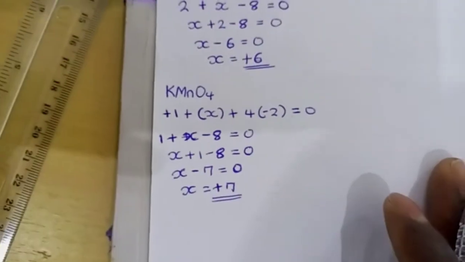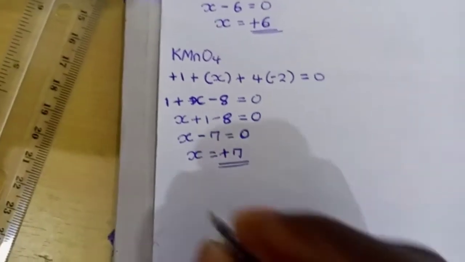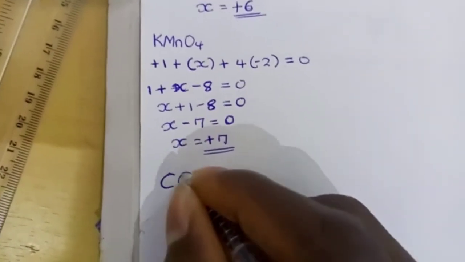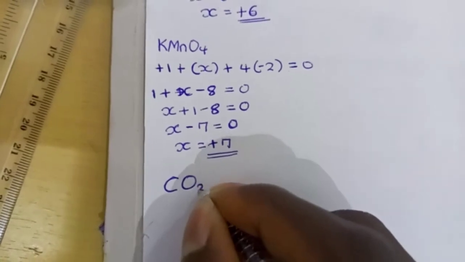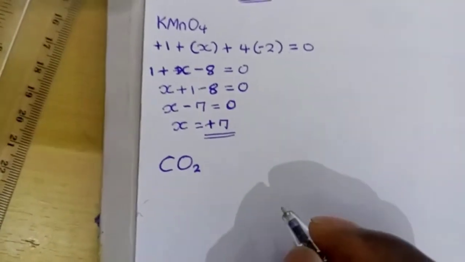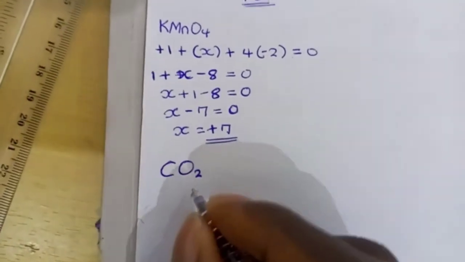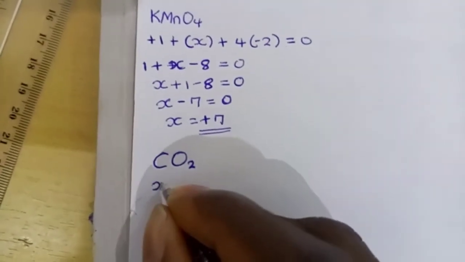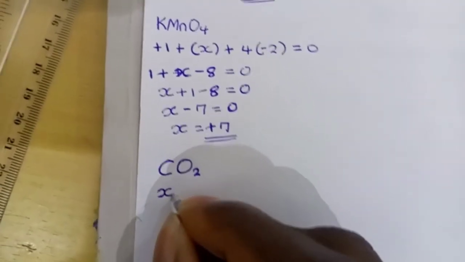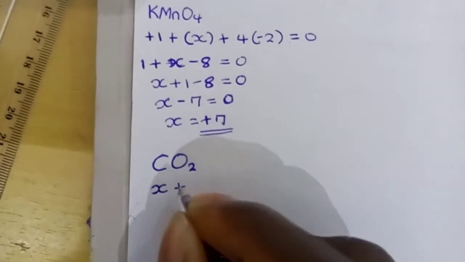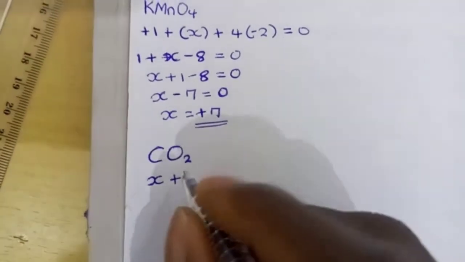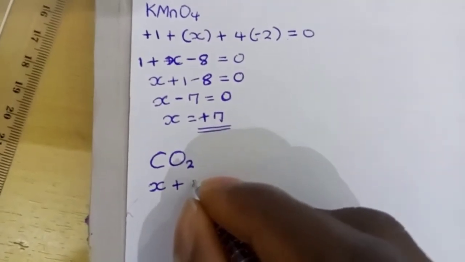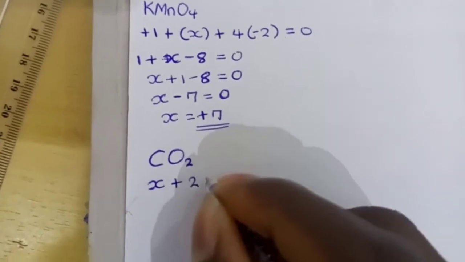Let's take a look at another example, CO2. In this compound, we'll be looking for the oxidation number of carbon. We call our carbon X, that is the unknown that we're looking for, plus. Here, the oxidation number of oxygen is usually -2, so 2 times -2.